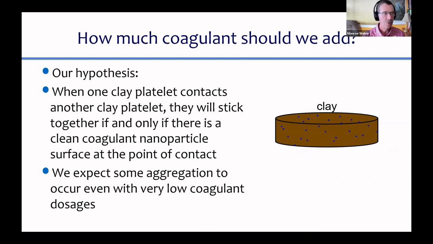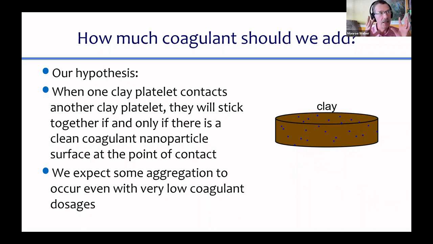So one of the things that we predict is that if you add a tiny bit of coagulant, you'll begin to put a few coagulant nanoparticles on the clay particles, and there will be at least a little bit of a chance that when two clay particles collide, there will be a sticky point there.